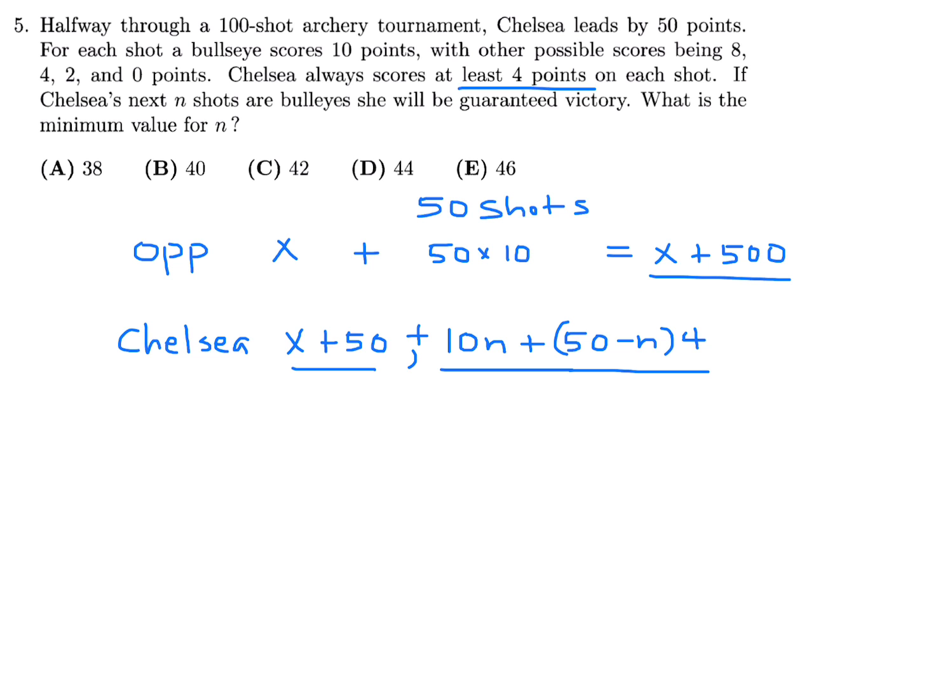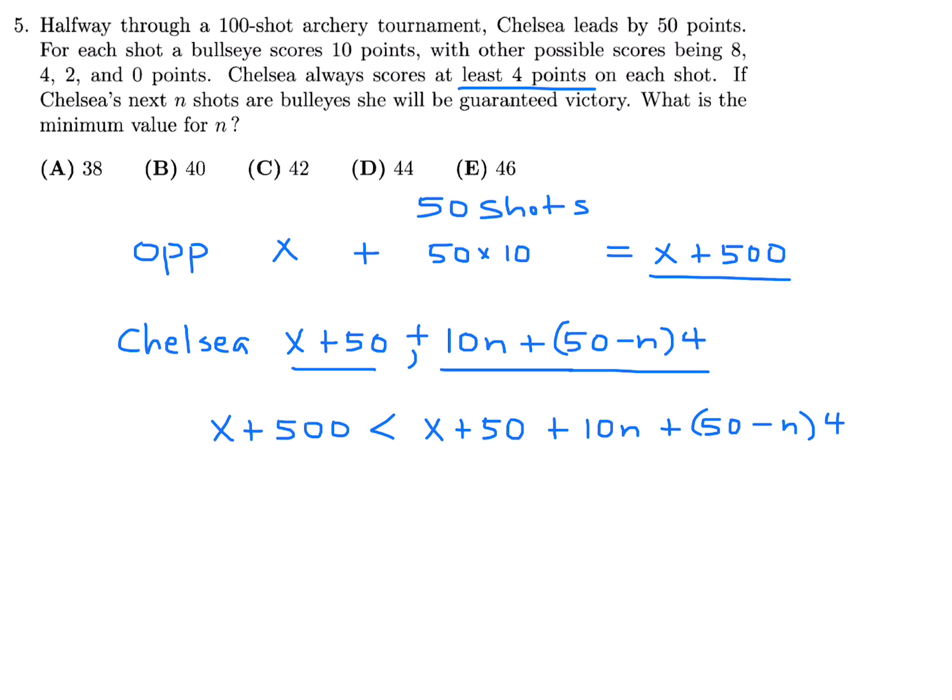So if you put all that into an equation, it is as follows. X plus 500, which is the opponent, has to have a score that's less than Chelsea's score, which will be what she had in the beginning. She had X plus 50, and then adding this part, 10N plus (50 minus N) times 4.